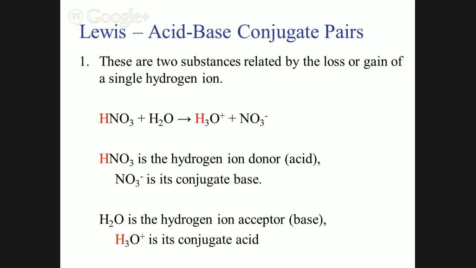And then, as I said, you can go backwards in the other direction and therefore have two pairs of these conjugate acid-base pairs. A test question basically would just be pick out the acid-base pair. So, for example, here we would have the HNO3 and the NO3 minus.